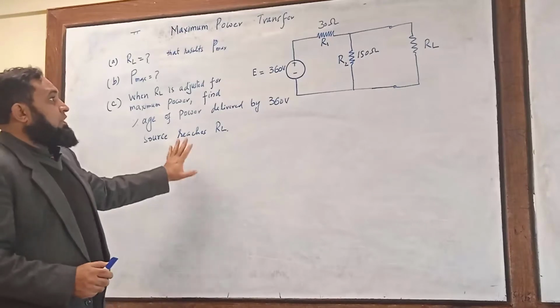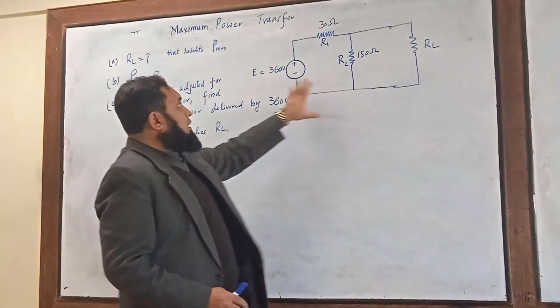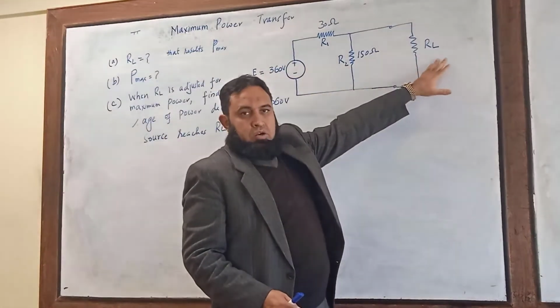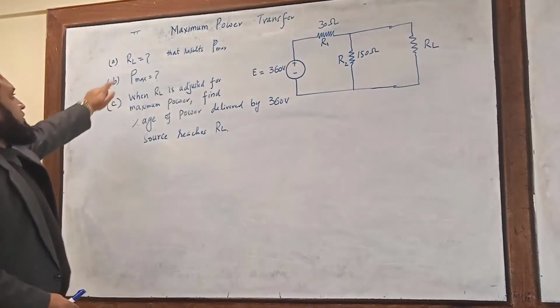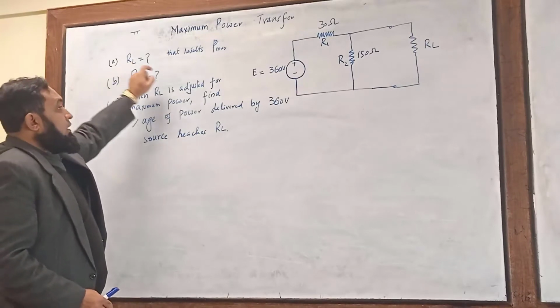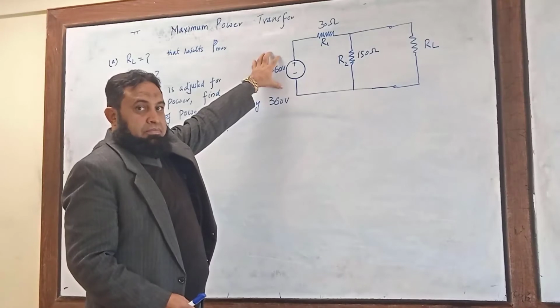So we have this example. We have a voltage source, resistances, and we are interested in transferring maximum power to this load. The first part of this question asks you to compute the value of RL that results in maximum power transfer.